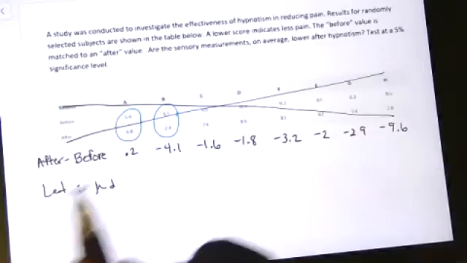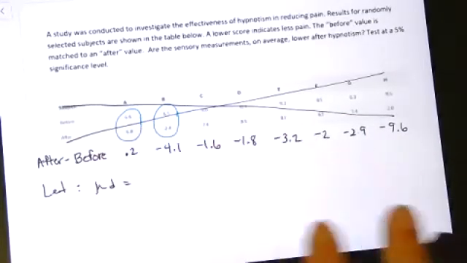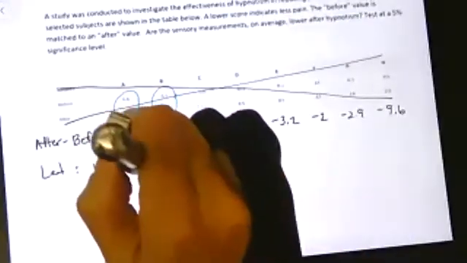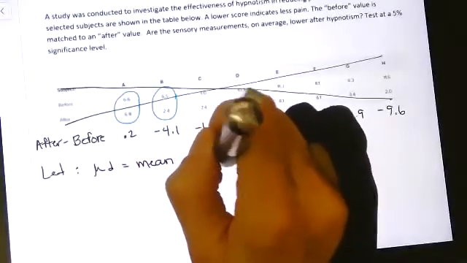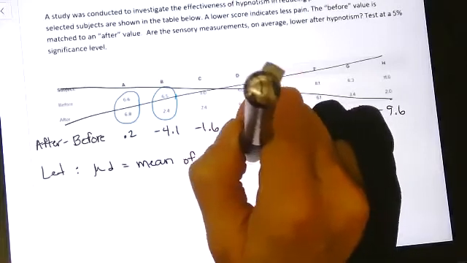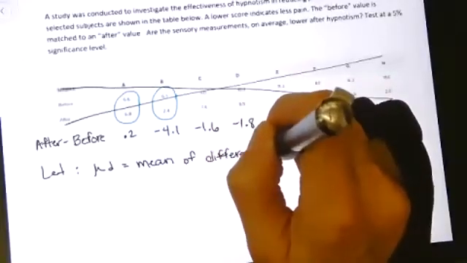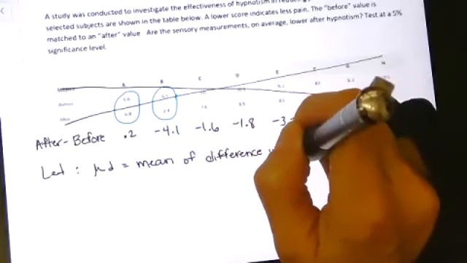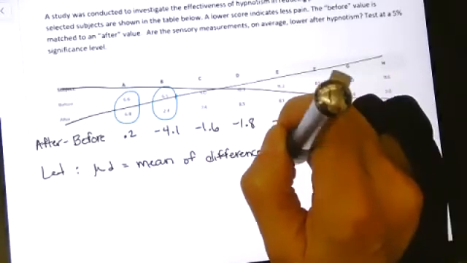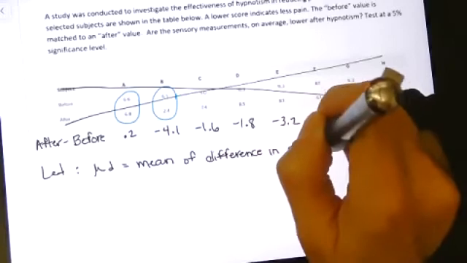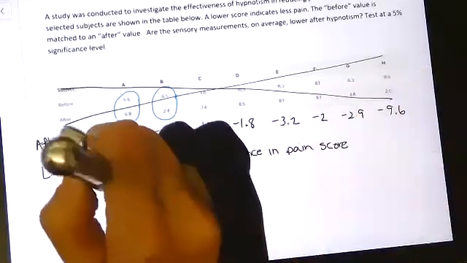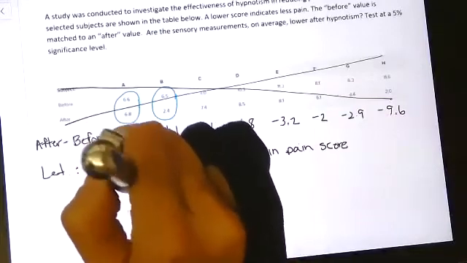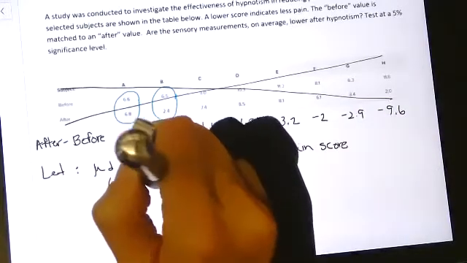So I'll call it mu sub d equal the mean of the difference in pain score is what I'll call it. Pain score, and we can even say it's after minus before.